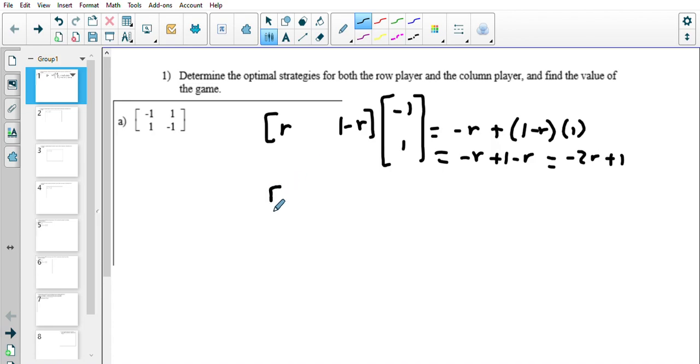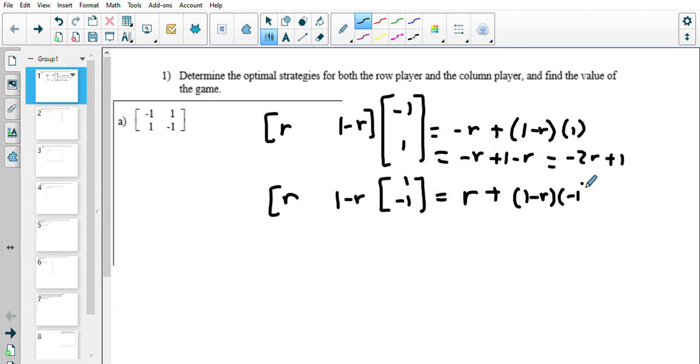And then if we take our arbitrary row strategy and multiply it by the second column, 1, -1, that gives us R times 1 is R, plus 1 minus R times -1 is R minus 1 plus R, or 2R minus 1.